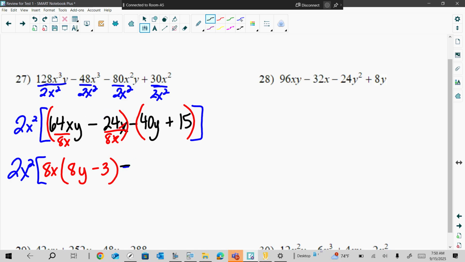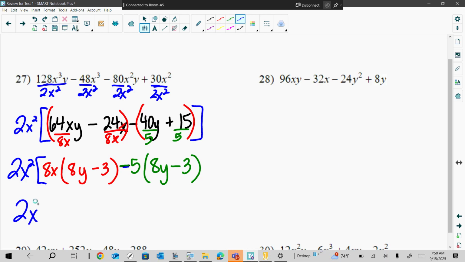Alright, then I'm going to the next two terms. The GCF between these are the 5. So this will leave me with 8y. I need to do minus 3 because I took out a negative. So make that a positive. Negative times a negative will make that positive 3. That's positive 15.